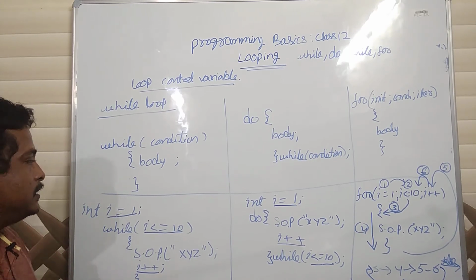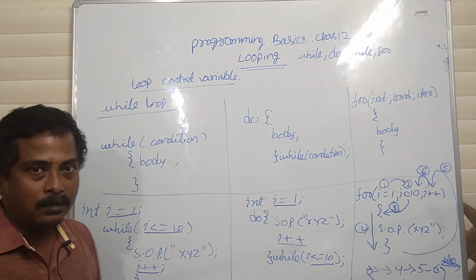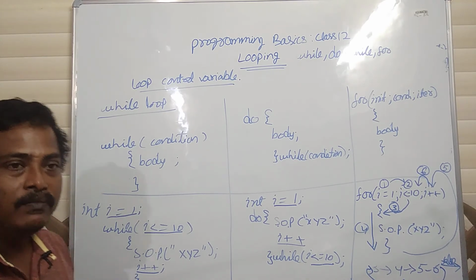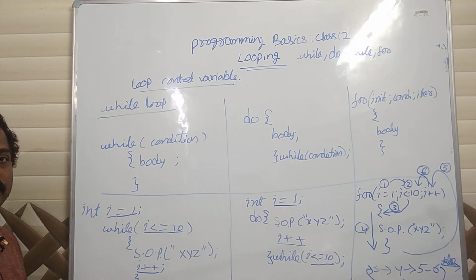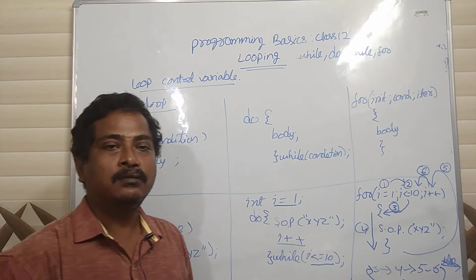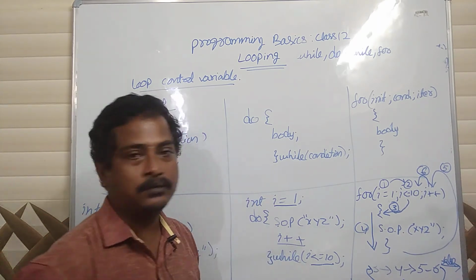So this is the thing: all the 3 are optional, whether we write them or omit them, but according to the requirement we have to write them. There is no rule, no syntax, that you have to write all the 3 sections in any loop.